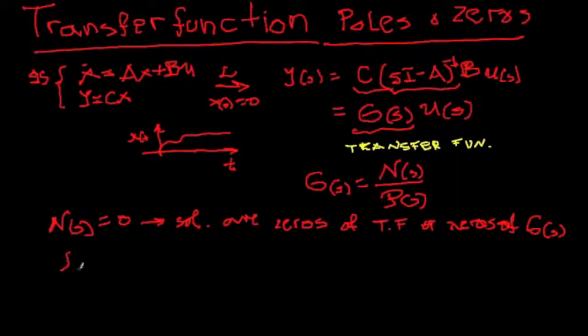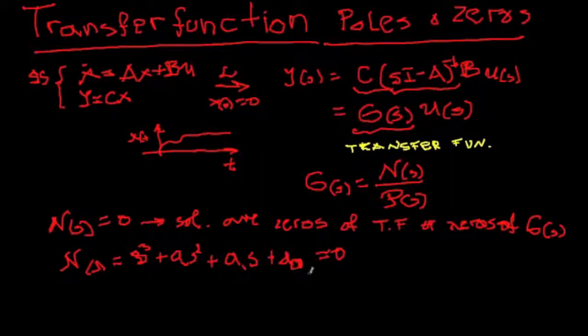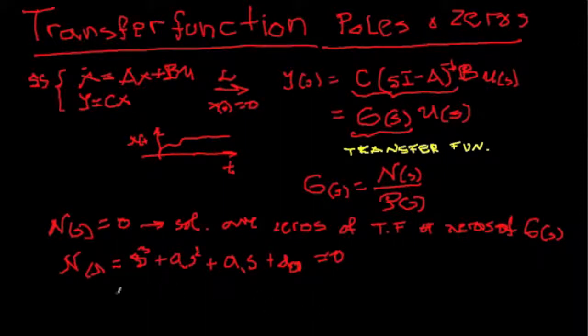In other words, if n of s is s cubed plus a2 s squared plus a1 s plus a0, and we equate this with 0, we will get the following: n of s has 3 roots.